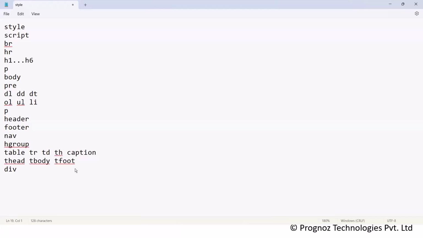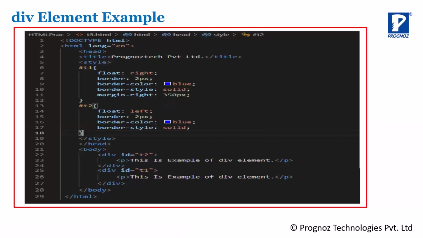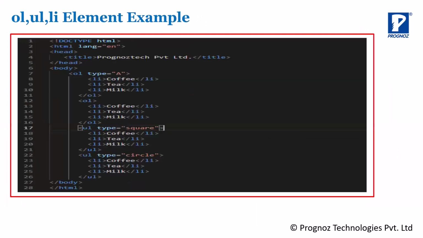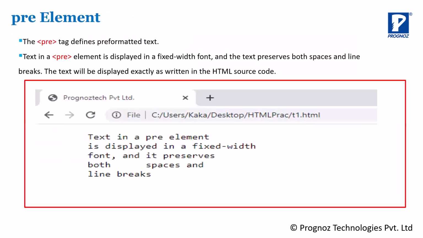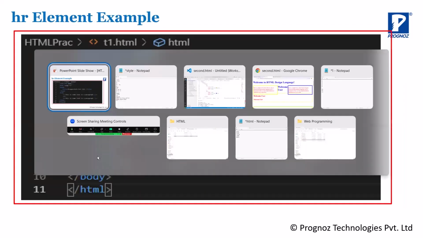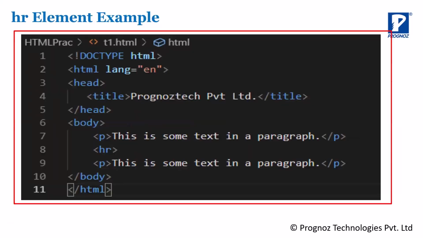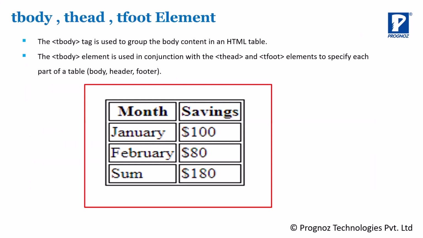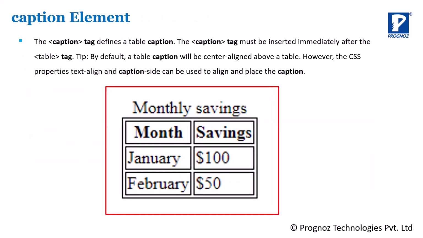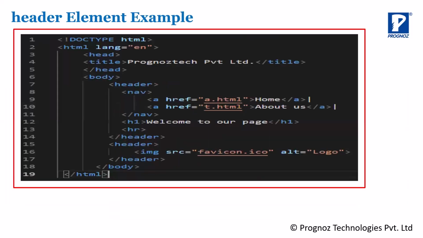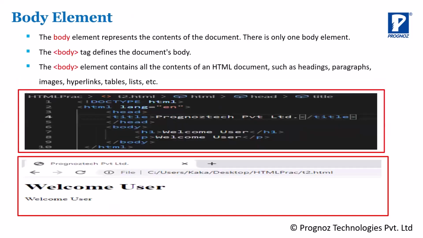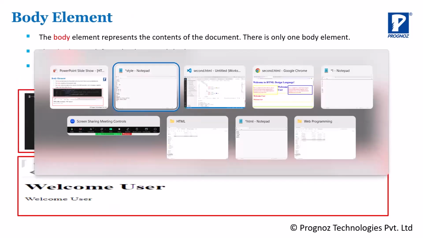Okay. तो div element, DL, DT, DD, OL, UL, LI, pre tag, HR. यहाँ पर HR लिखा मैंने. देन पैराग्राफ लिखा, टी बॉडी टी हेड टी फुट भी लिखा, टेबल TR TD TH लिखा, कैप्शन लिखा, फुटर लिखा, हेडर लिखा, एच ग्रुप. ओके, H1 to H6, anchor tag.